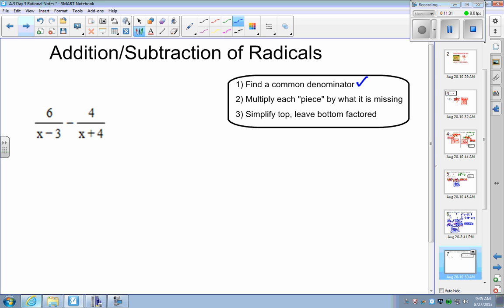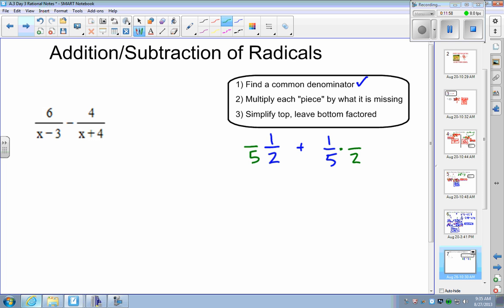This common denominator idea, I think the easiest way to look at it is something like this. If I ask you to add a half plus a fifth, I'm going to ask you not to go to your calculators, but rather everybody would say, okay, common denominator is 10. So what do you have to do to get to a 10? You multiply the bottoms by 5, well, 5 and 2.